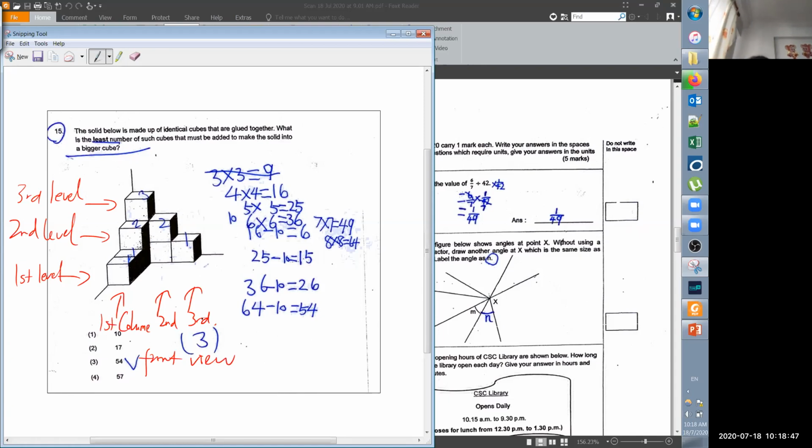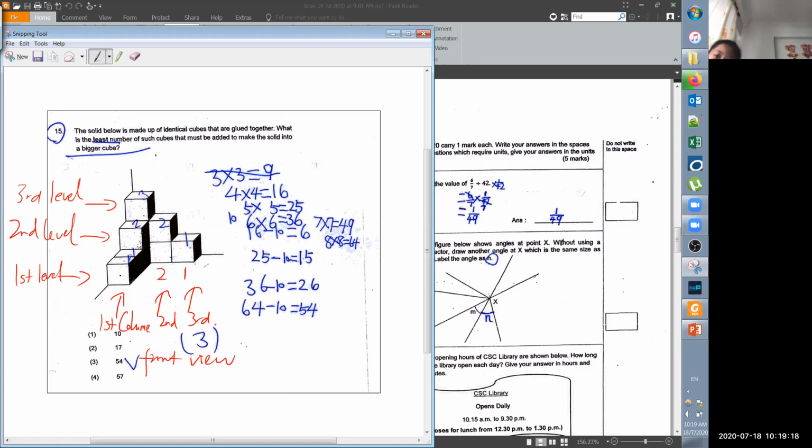So if you look at the front view, you notice that there is 1 cube here and then 2 cubes here. Then how many cubes for the first column? So you should have 1 inside and then 2, 3, and then you have 2 here, and then you have 2.